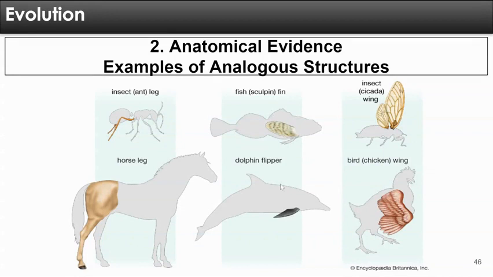In the middle, you're comparing the fish to the dolphin, both used to swim. Both organisms need to move through the water, but internally very different. And then the last one, we're comparing an insect wing to a bird wing or a chicken wing. Again, on the outside, they both serve the purpose and function to fly, but internally very different structures. So these are analogous.